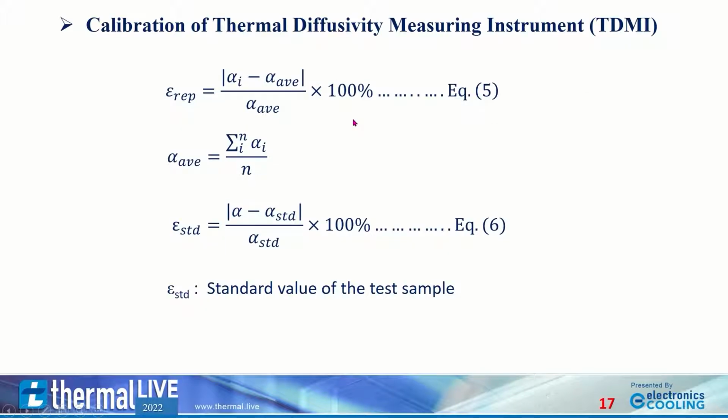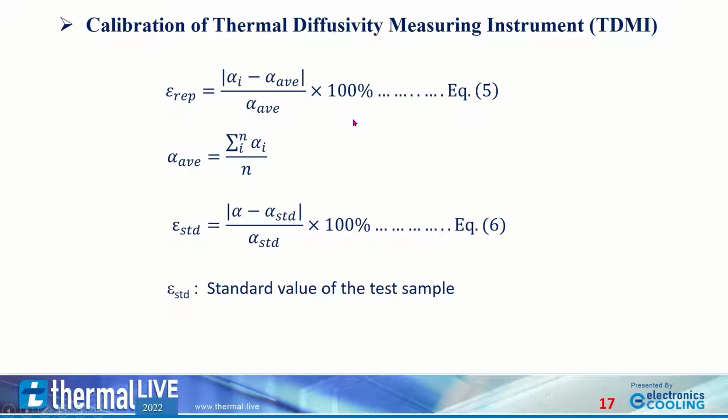In order to verify the accuracy of the instrument, a calibration experiment must be carried out. Pure metals such as copper, tin, lead, and aluminum 6061 were selected as the standard test samples. The typical thermal diffusivity values of these metals can be found in textbooks, on the internet, or in the literature. The data measurement is in the form of a full blind test.